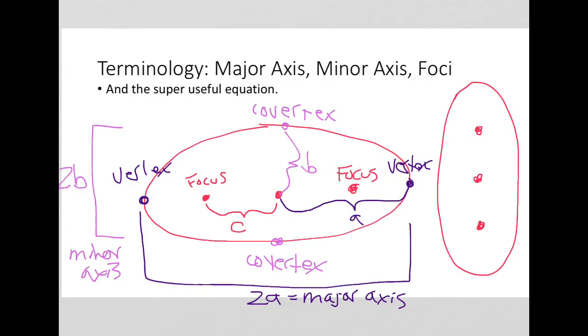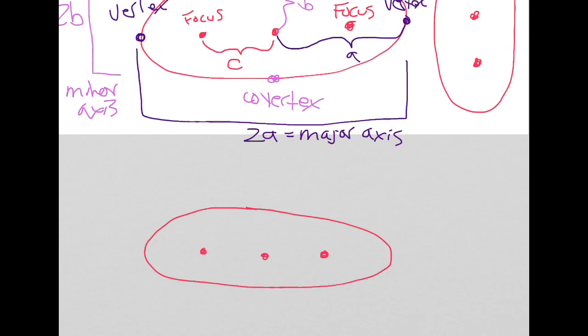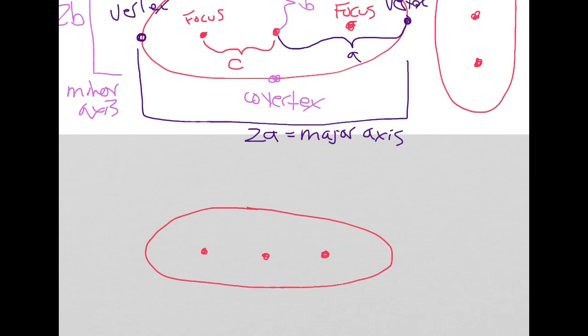But from these points, we get a very useful property, a relationship between a, b, and c. So if we choose to look at a couple special points, we can come up with a very important relationship between a, b, and c. First off, let's pick a point that is actually a vertex. That way, when we look at the distance between that point and each focus, we can see that right there is the distance, let's call that D1, to the first focus.